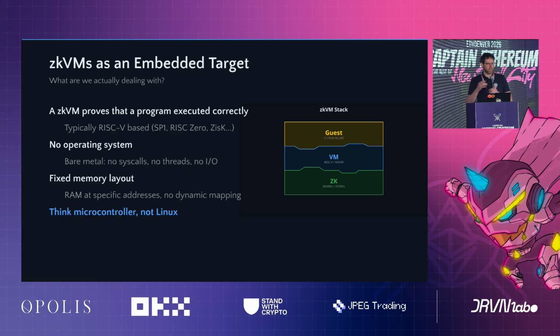One piece of detail that is quite important is that today a zkVM is more like an embedded target. If you know what a Raspberry Pi Zero is, or all those little boards that don't really have an MMU, a memory management unit, they don't have a lot of advanced features that you have on your laptop. So it's pretty bare bones. You have the guest program, which is written typically in C, in Rust, in Zig if you're crazy like me.